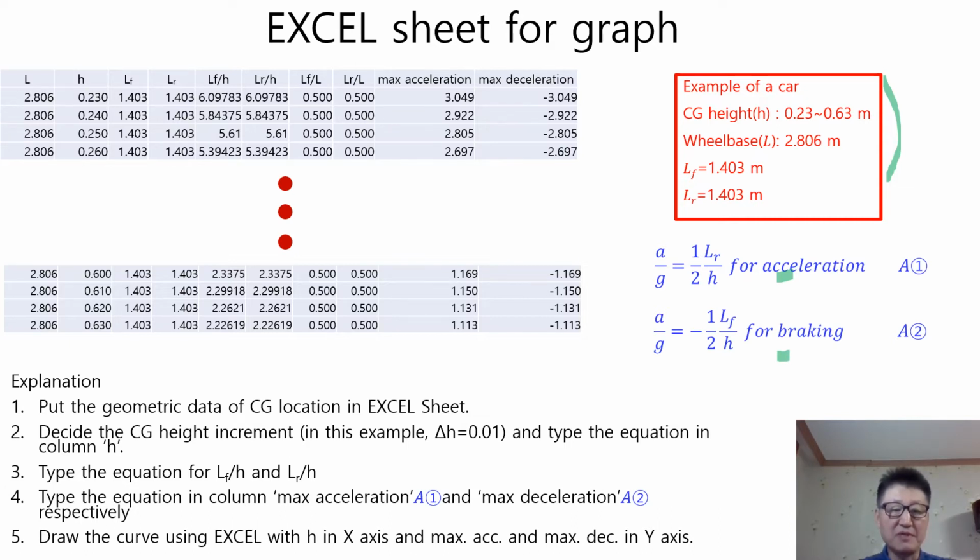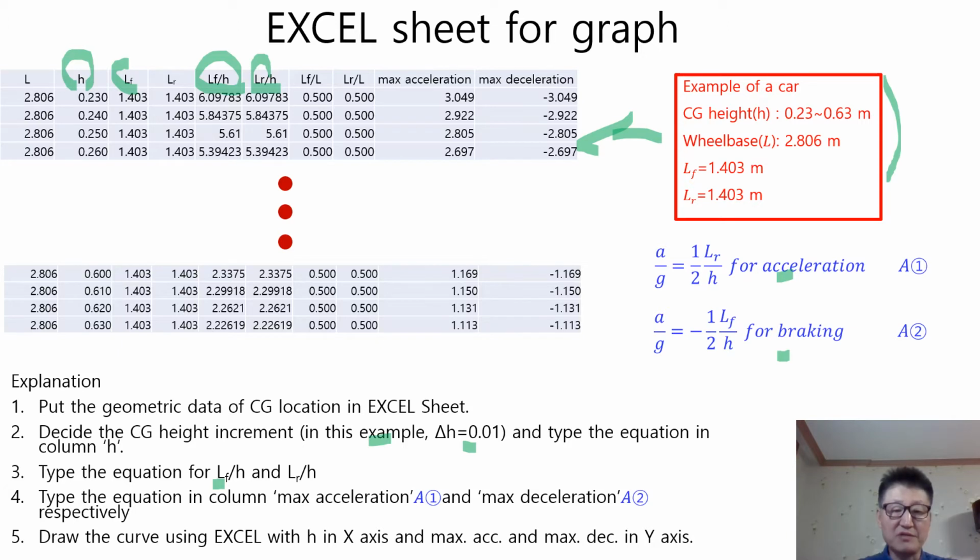In the first step, put the geometric data of CG location in the Excel sheet here. Decide the CG height increment. In this case, delta H is equal to 0.01, and type the equation in the column H here. And type the equation for L sub F divided by H here, and L sub R divided by H here.